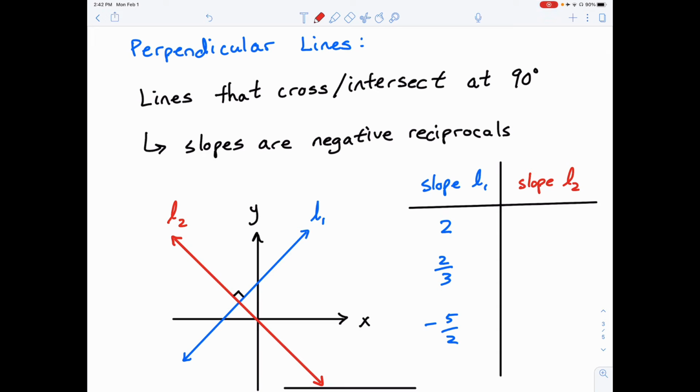If I flip it, I get 1/2, and then it was positive, so I need to change the sign to -1/2. 2/3, again, I can flip it to get 3/2, but then it was positive, so I change it to negative, so -3/2. And if it's -5/2, I can flip it, which is 2/5, and since it was negative, I change the sign, giving us 2/5. Okay, so negative reciprocal means you flip the sign and you flip the numerator and denominator.